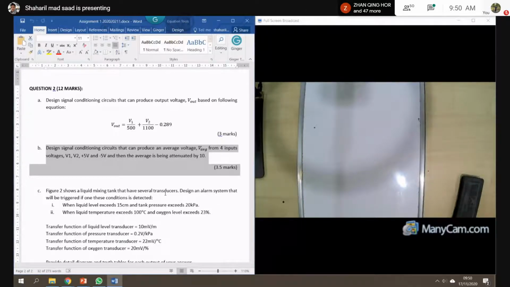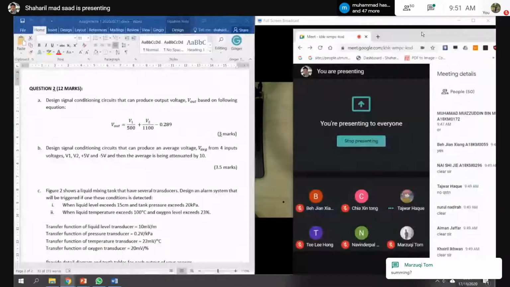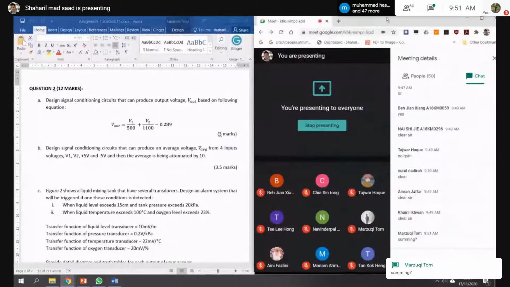Based on this question, what type of signal conditioning circuit do you want to use? We have learned inverting, non-inverting, voltage follower, summing, and also differential. Those are the five basic configurations. Which one are you going to use? Summing. Okay, good.